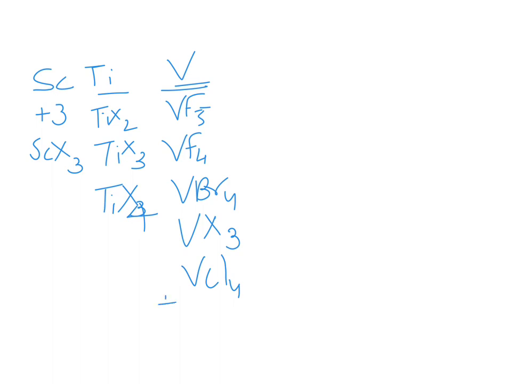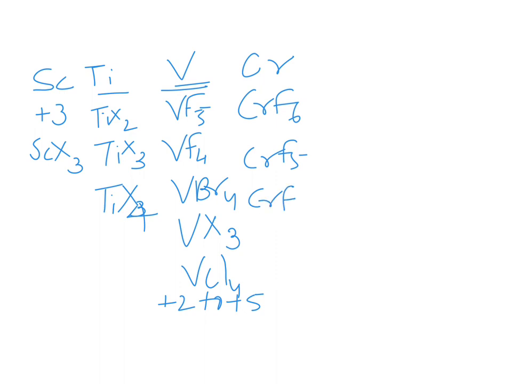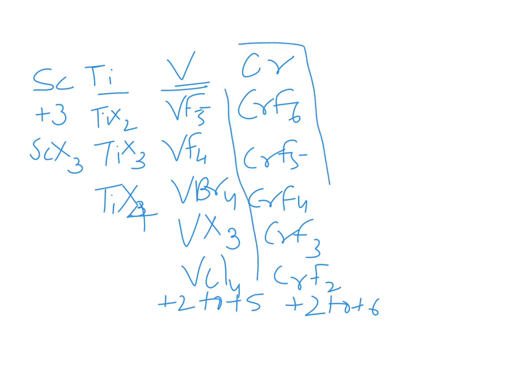So vanadium shows plus 2 to plus 5. Then come to chromium. Chromium can show 6, then 5, then 4, then 3, then 2. So from plus 2 to plus 6. You can see this is the element which has the maximum oxidation state.